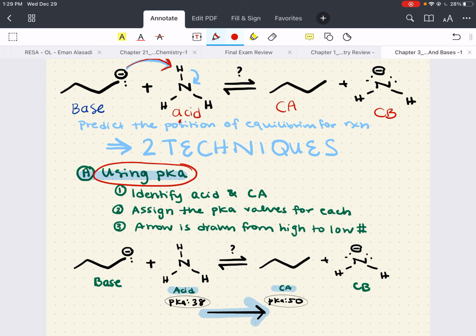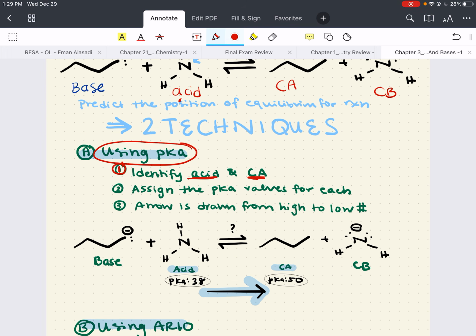All right, so here is the step-by-step method for using pKa values to predict the position of equilibrium. Your first step when you are using the pKa method is to identify your acid and your conjugate acid.